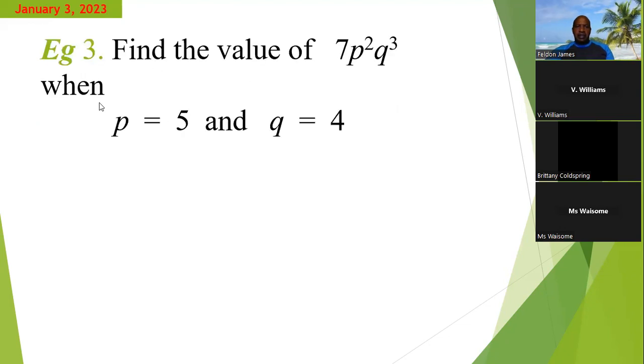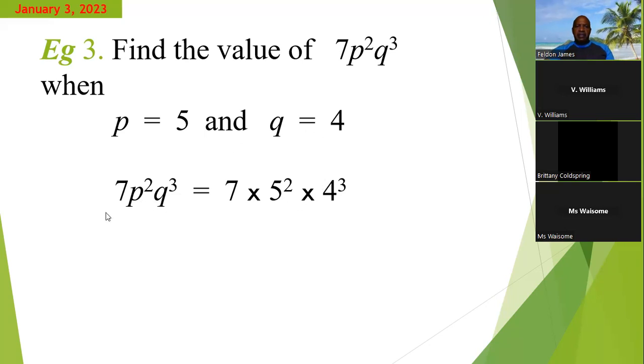All right, so here, if we are to simplify based on these values that are assigned to P and Q, we see that P is assigned the value 5, Q is assigned the value 4. Therefore, we know wherever we see P, we are going to replace it with 5. Wherever we see Q, we're replacing it with 4.